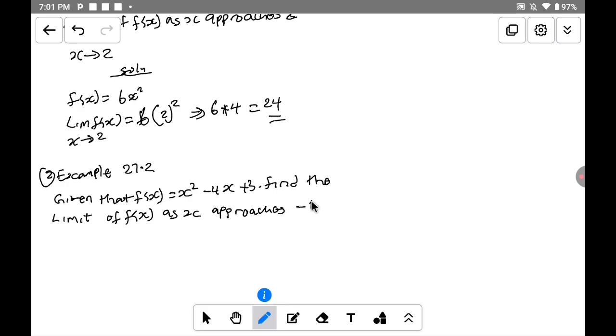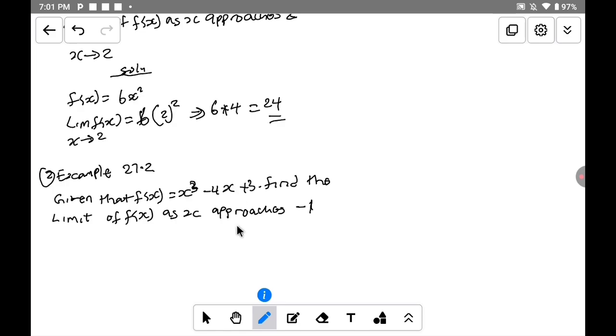We're given this function, f of s is equal to s raised to the power of 2 minus... sorry, it's s raised to the power of 3. Let me correct it. The question is s raised to the power of 3 minus 4s plus 3. Find the limit of f of s as s approaches minus 1.